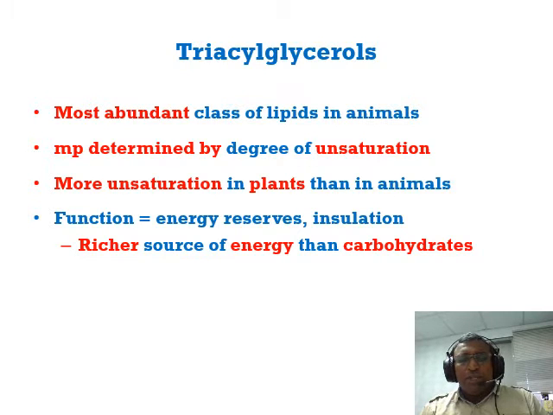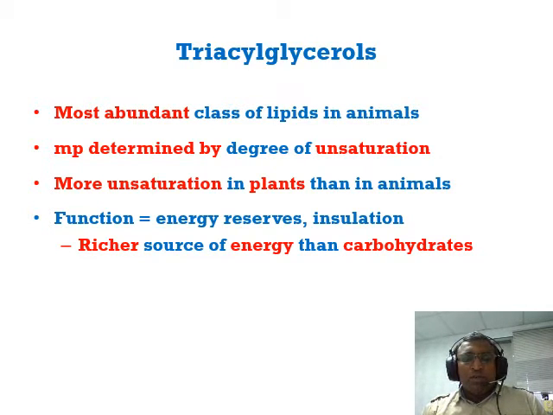What is the most important function? It is for energy reserve as well as insulation. For energy reserve, weight for weight you can get more energy from fat compared to carbohydrate, simply because fat is all in reduced form while carbohydrate is in oxidized form.